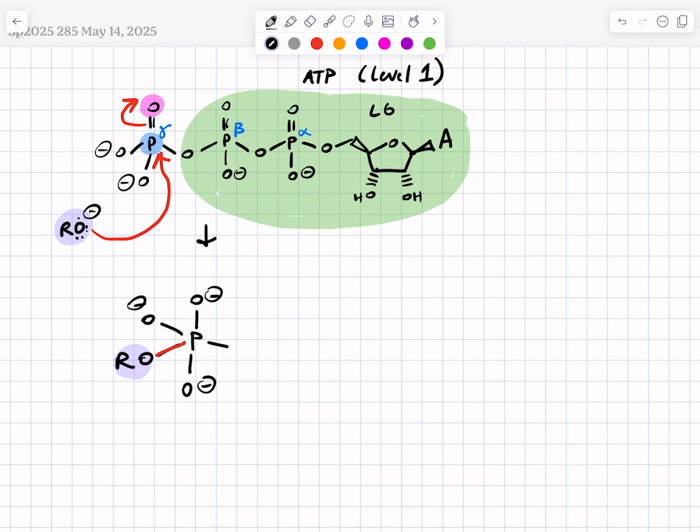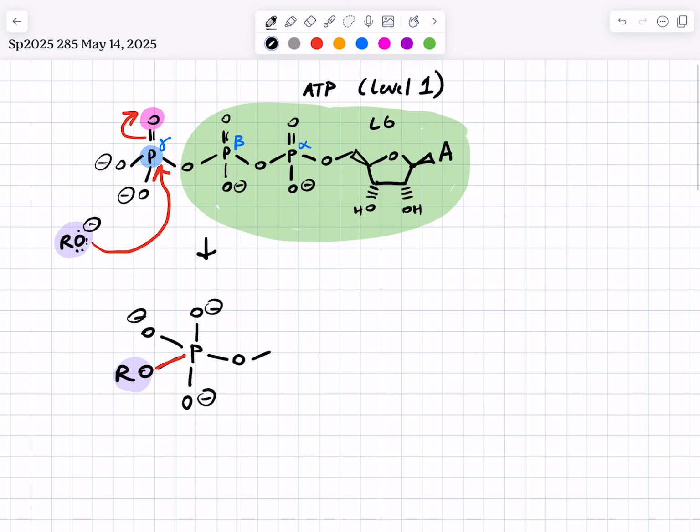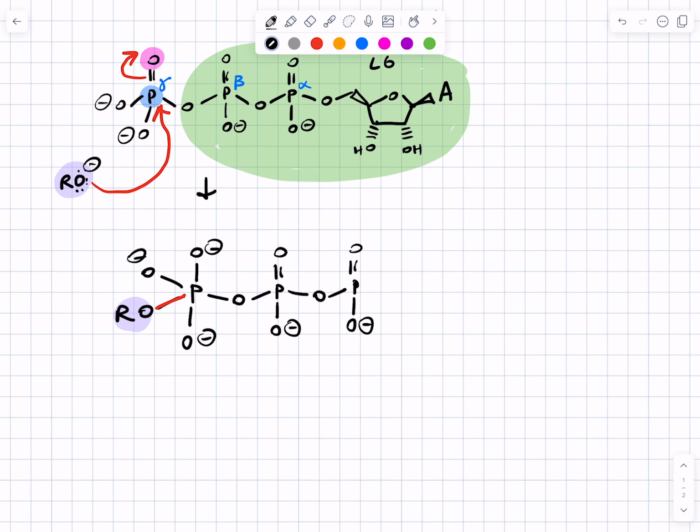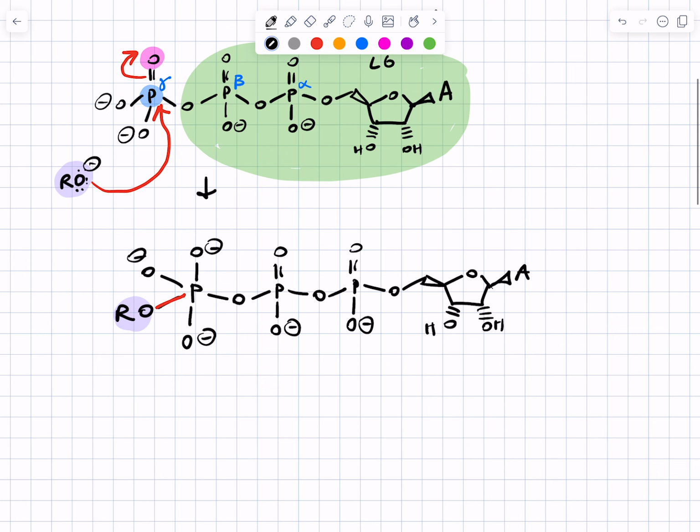I'm really tempted to copy and paste, but since I know some of you are writing with pen and paper, we'll just draw it out and deal with it. All right, so this is the intermediate.